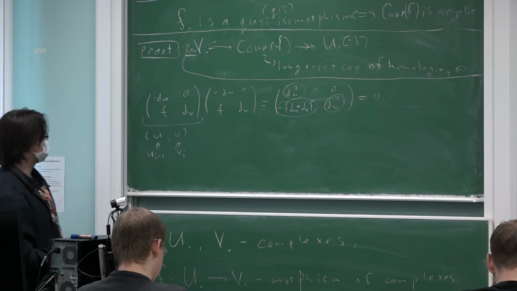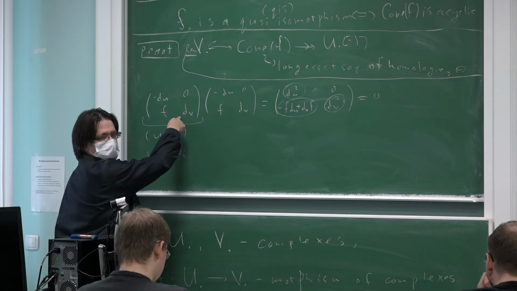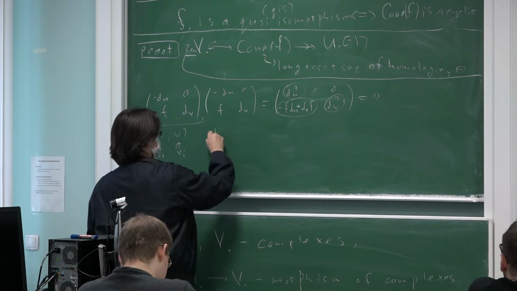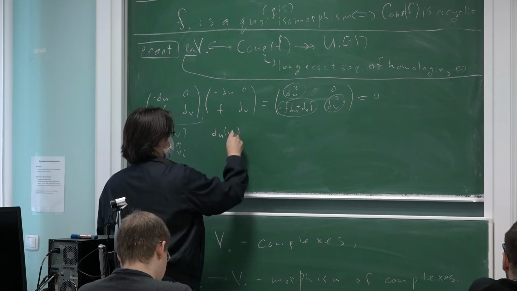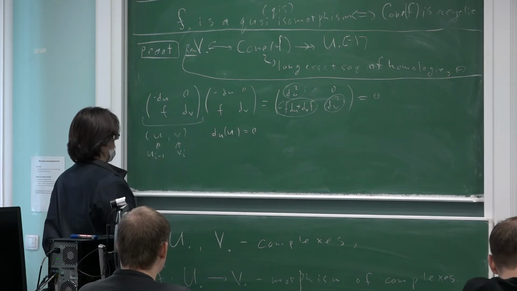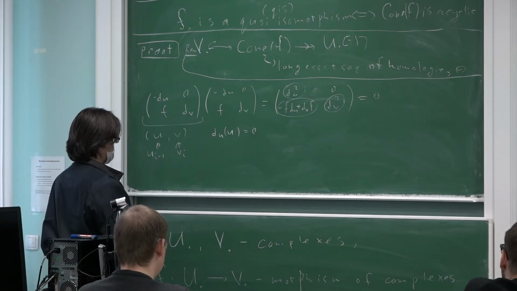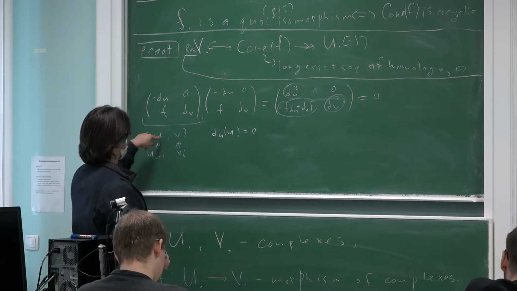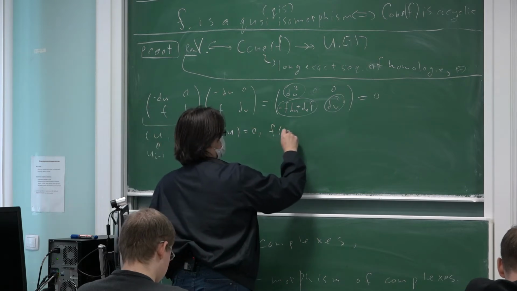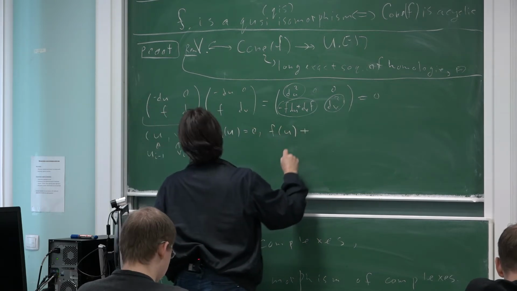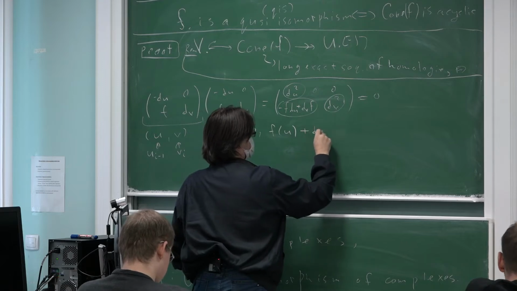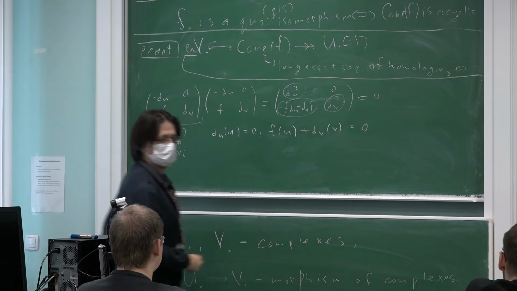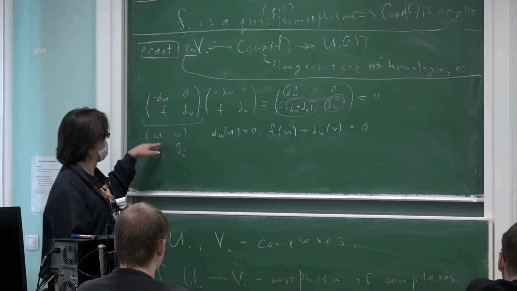And what does it mean that it lies in the kernel of this map? It means that, first of all, du of u is equal to 0, and also f of u plus dv of v is equal to 0. This exactly means that (u, v) lies in the kernel.